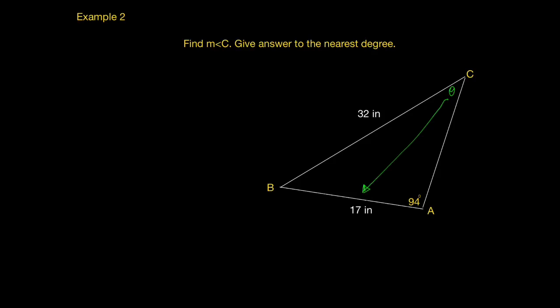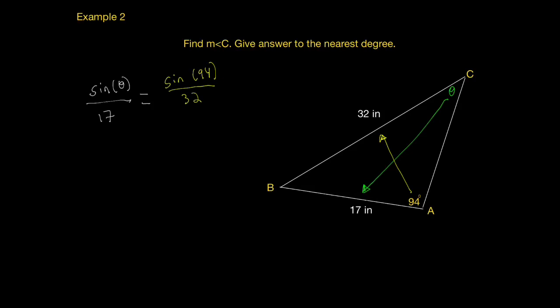So if I want to apply the law of sines, I can get sine of theta over 17. And that's going to be equal to, I see that I have another angle of 94. So 94 points to 32 inches. So I can do sine of 94 over 32.